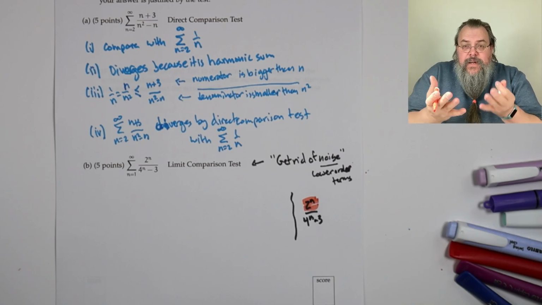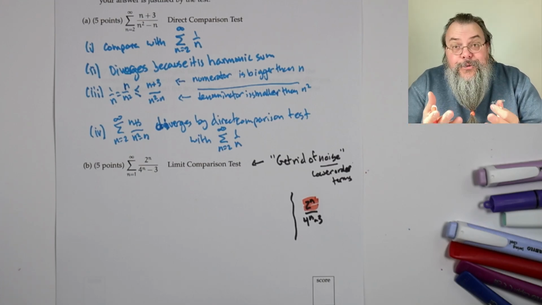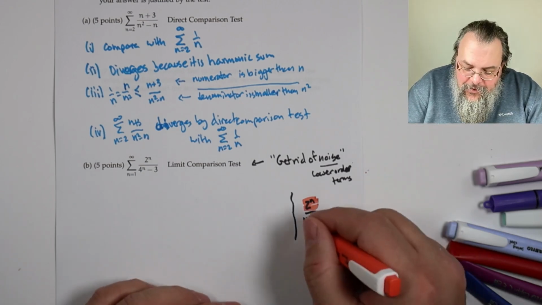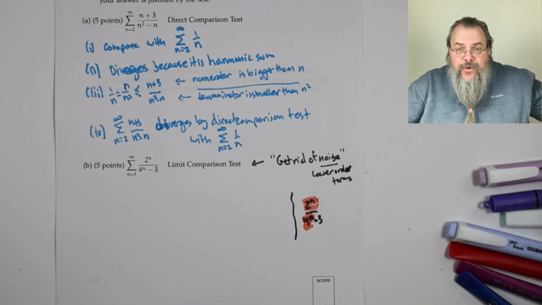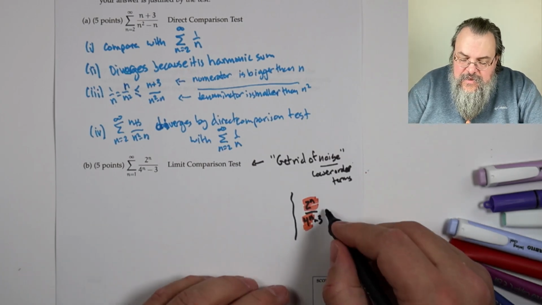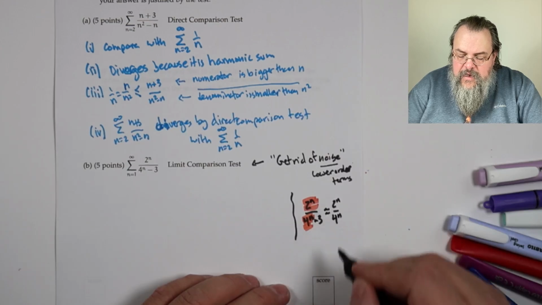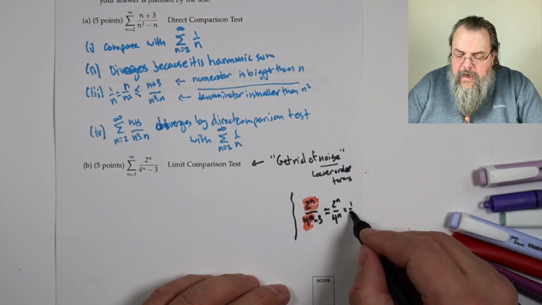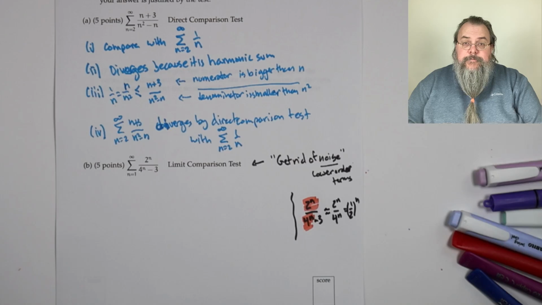Which one dominates, the 4 to the n or the 3? Well, the 4 to the n is getting huge and the 3 is still very 3. So the 4 to the n is dominating the behavior. So it says, hey, ignore the 3. So really, this is behaving like 2n over 4 to the n, or 1/2 to the n power. Okay, so that's the idea.